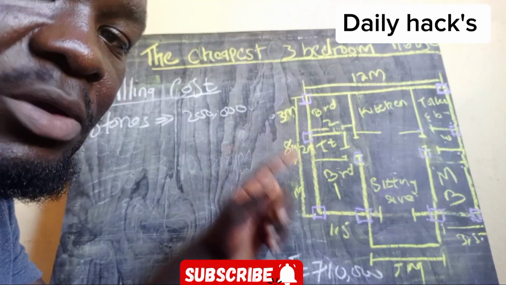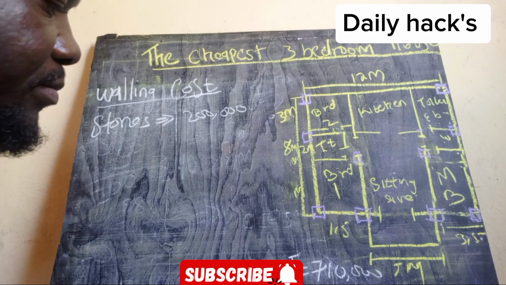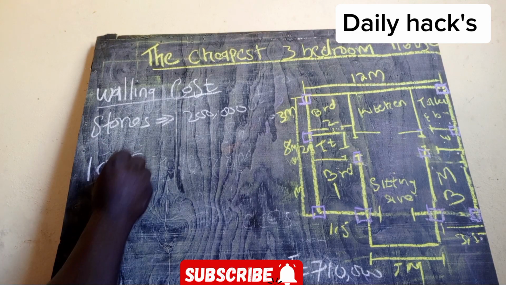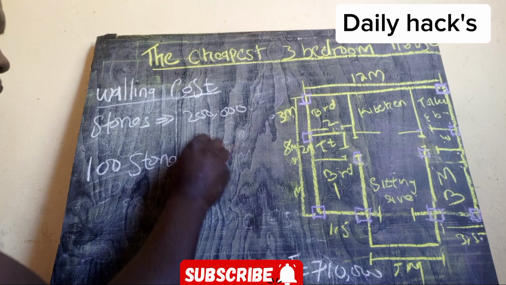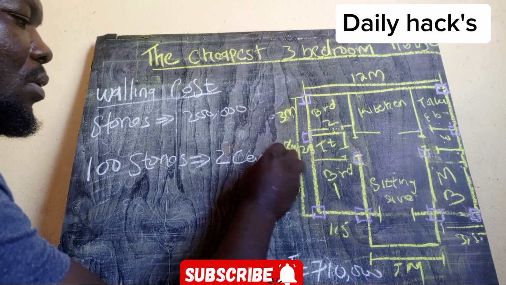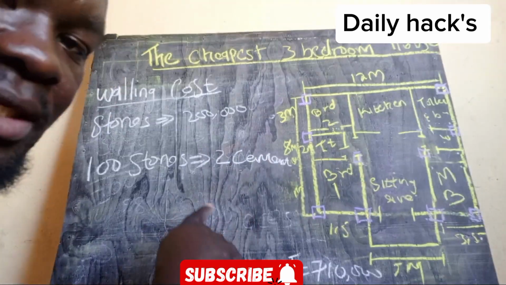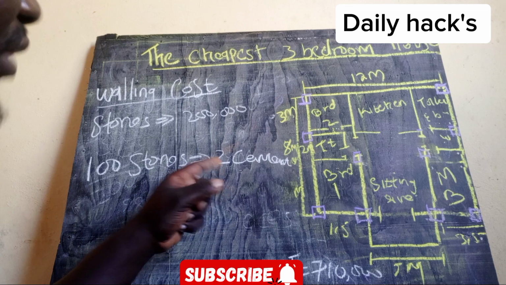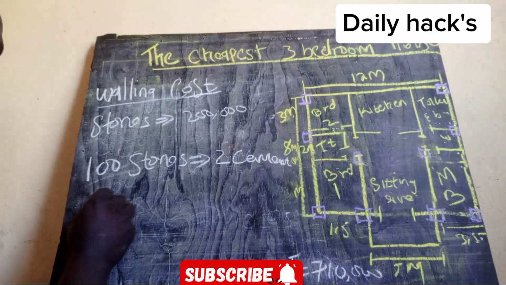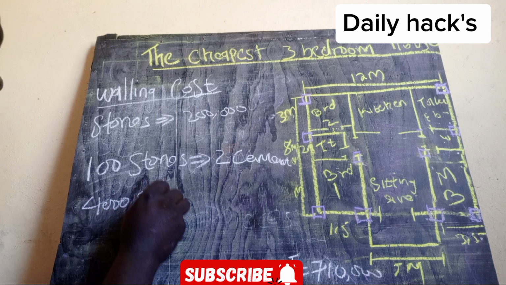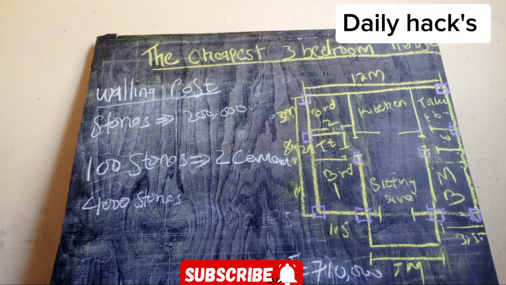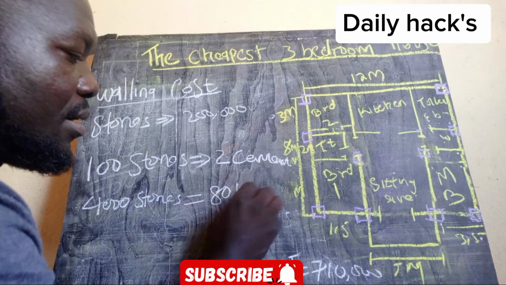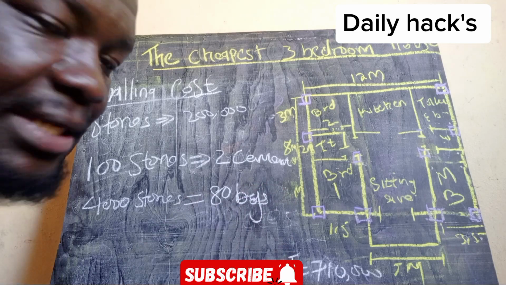Then the cement and sand that will be used to build all this: for every 100 stones, you will need 2 bags of cement. So for 4,000 stones, you will need 80 bags of cement.